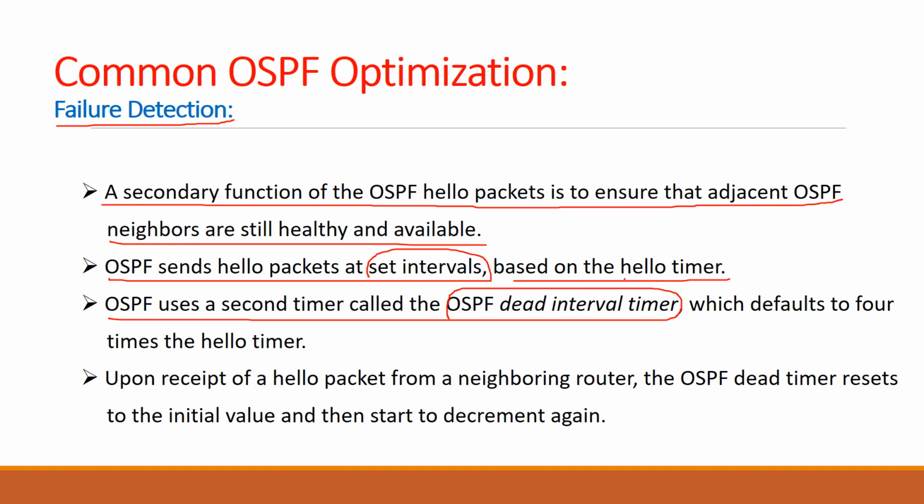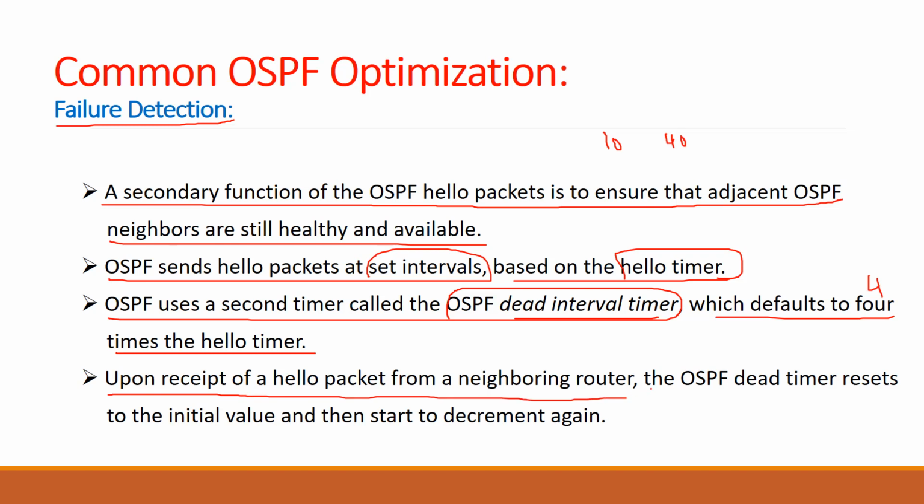So OSPF uses the hello timer and the dead interval timer, which defaults to 4 times the hello timer. If the hello timer is 10 seconds, the dead interval timer is 40 seconds. Upon receipt of a hello packet from a neighboring router, the OSPF dead timer resets to the initial value and then starts to decrement again.